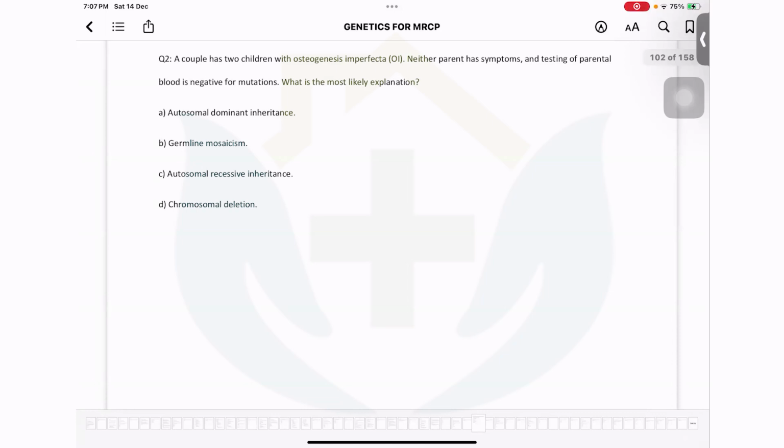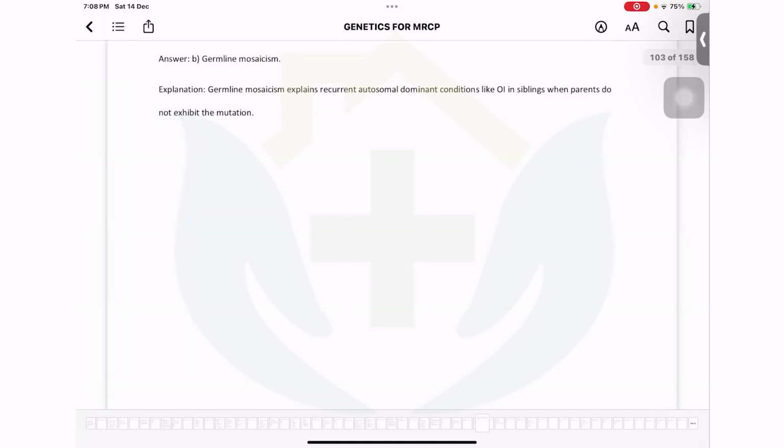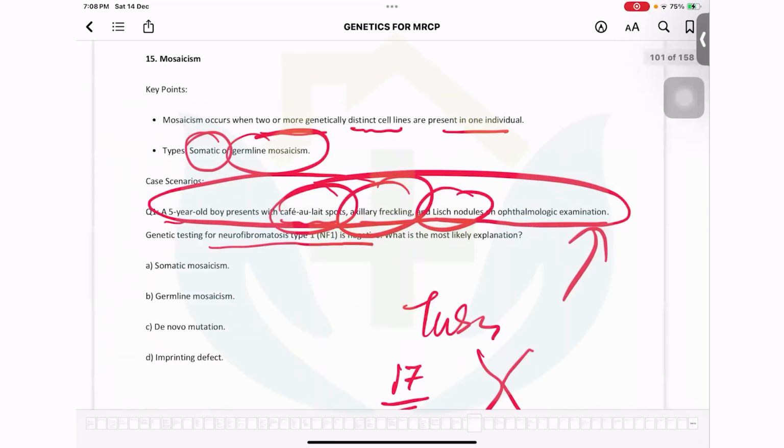Where did the mutation go? Germline. This is a germline mosaicism, which explains recurrent autosomal dominant conditions like osteogenesis imperfecta in siblings when parents do not exhibit any mutation. Is that okay about genetic mosaicism?